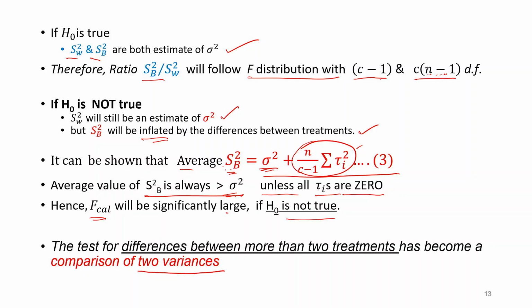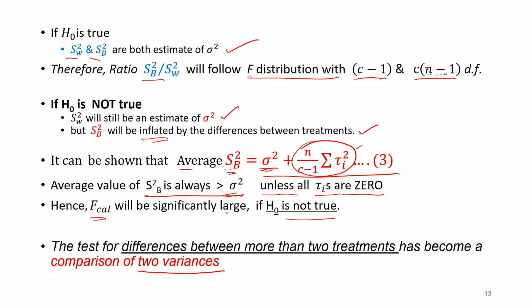One considers the means between the treatments, and the other considers the values that we get within treatments. We call them variance between treatments and variance within.